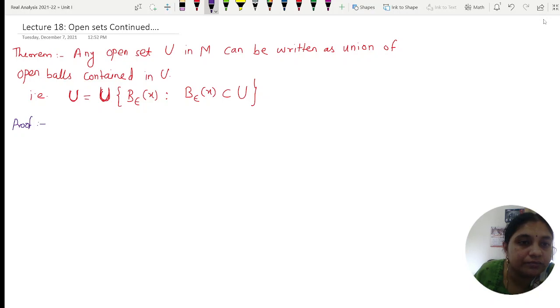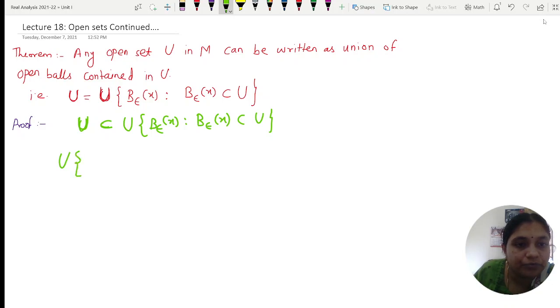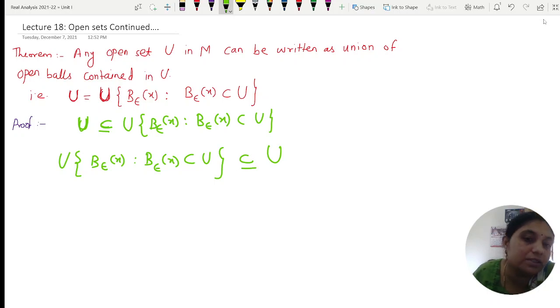I want to prove: one, U is contained in the union of B epsilon of X such that B epsilon of X is contained in U, and two, the union of B epsilon of X such that B epsilon of X is contained in U is contained in U. If I show these 1 and 2, then I will say that both are equal.